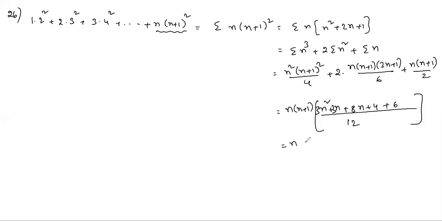So it equals n into (n plus 1) into (3n square plus 11n plus 10) by 12.